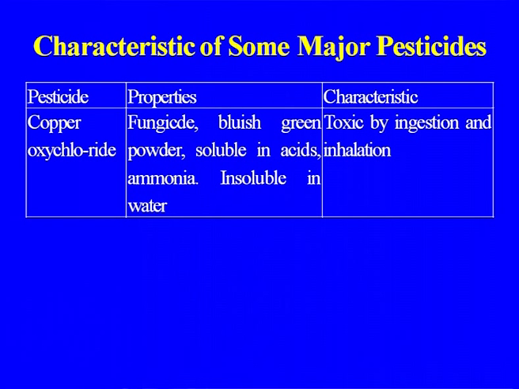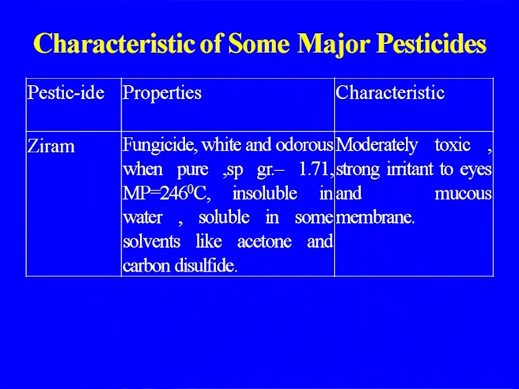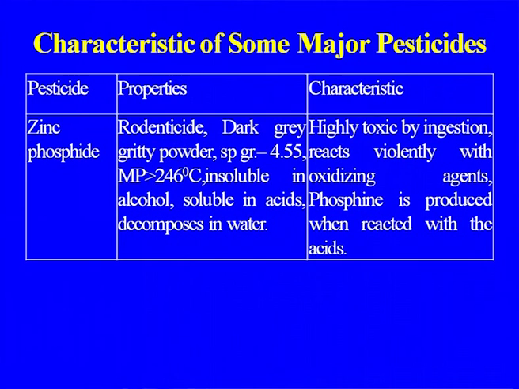Copper oxychloride: toxic by ingestion and inhalation. This fungicide is soluble in acids and ammonia, insoluble in water. Ziram: moderately toxic, a strong irritant to the eyes and mucous membranes. Similarly, zinc oxide is again highly toxic. Most of the pesticides are highly toxic in nature, and so proper precaution is very important while using these pesticides.